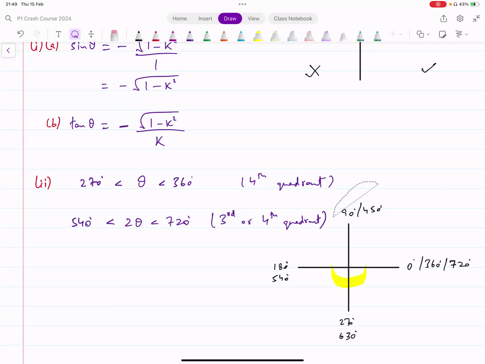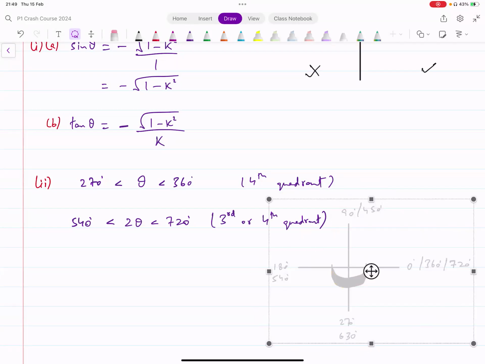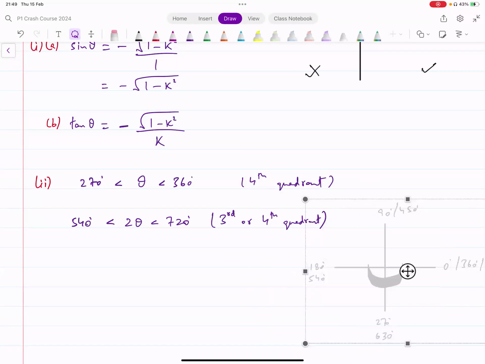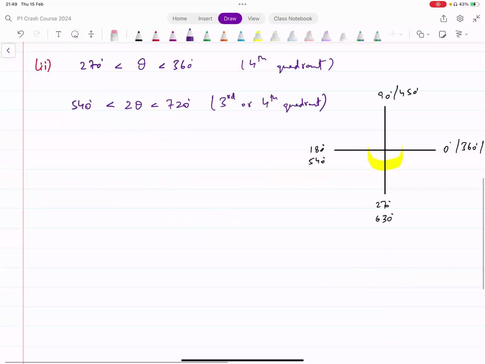Is that okay? Now we can say, since 2 theta is in the third or fourth quadrant, we know that sine is negative in the third and fourth quadrant. So you can say 2 theta is in third or fourth quadrant.